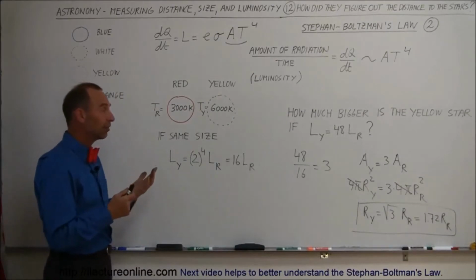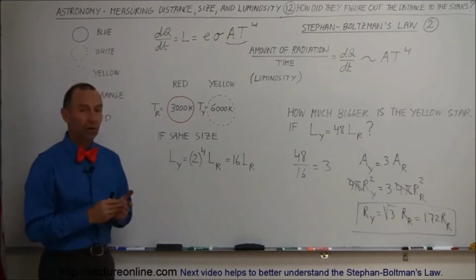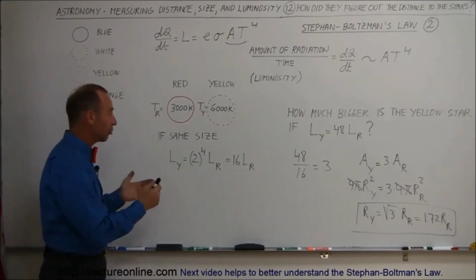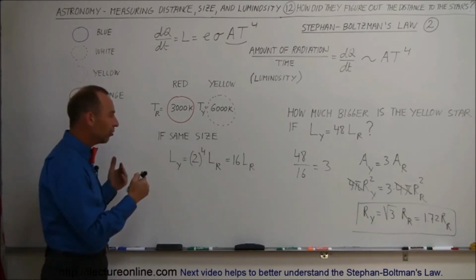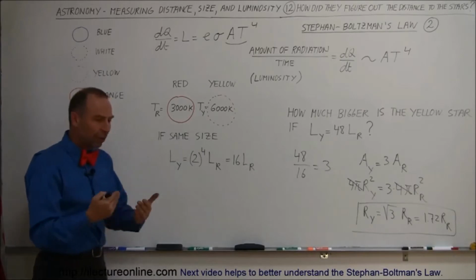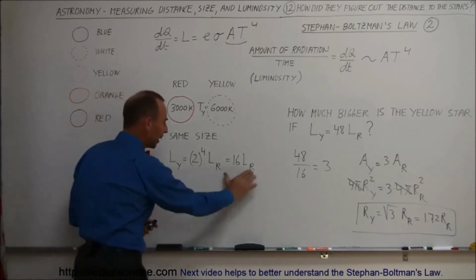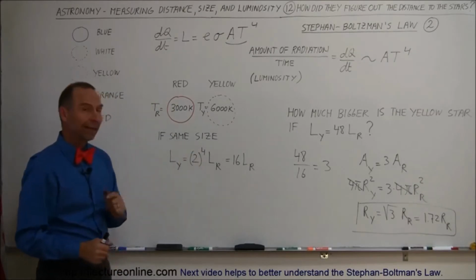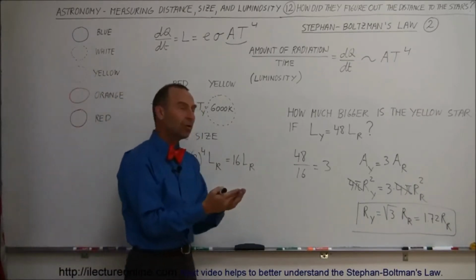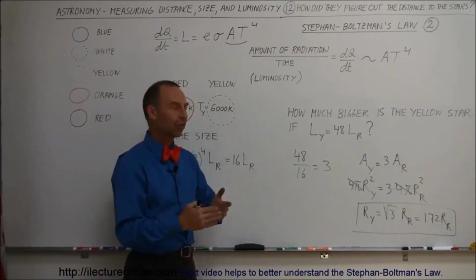So now they realize that if they knew the temperature of the stars, they can measure the luminosity of the 2 stars. And if the 2 stars were different in luminosity other than would be explained by the difference in temperature, which is simply a T to the 4th ratio, then they knew that the remaining increase was due to the area, the size of the star.